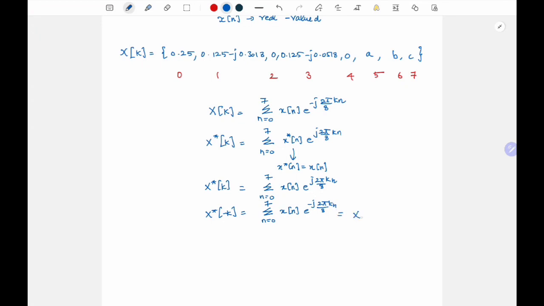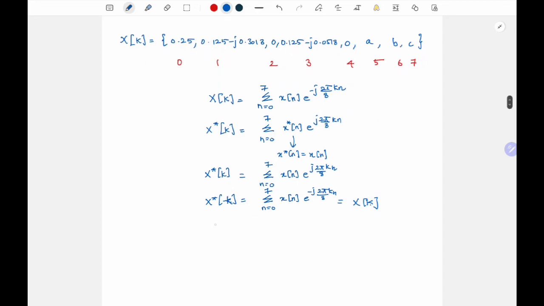But this is nothing but my x of k itself, right? In other words, x of k is nothing but x conjugate of minus k. But this minus k is, again, a circular reversal, right? So I will get x conjugate of N minus k, and here N is 8, so I will get x conjugate of 8 minus k.